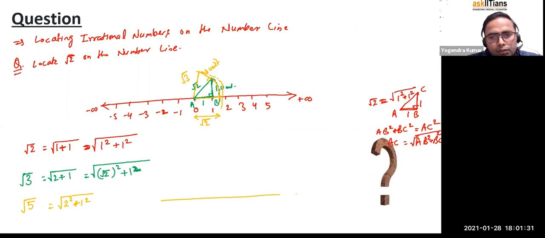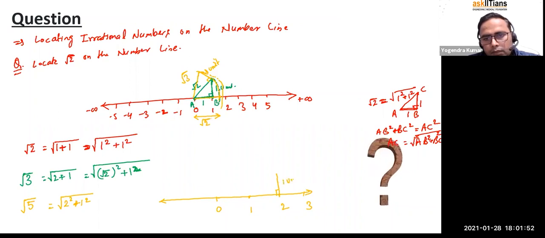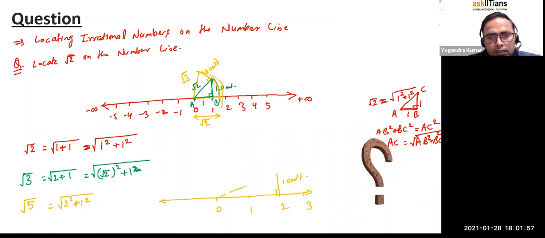So now let me take another number line. 0 here, then 1 unit here, 2 units here, and then 3 will be here, right? I should take 2 units here, because 2 square is there, and then 1 unit above here. Now I think you know how much this is exactly.